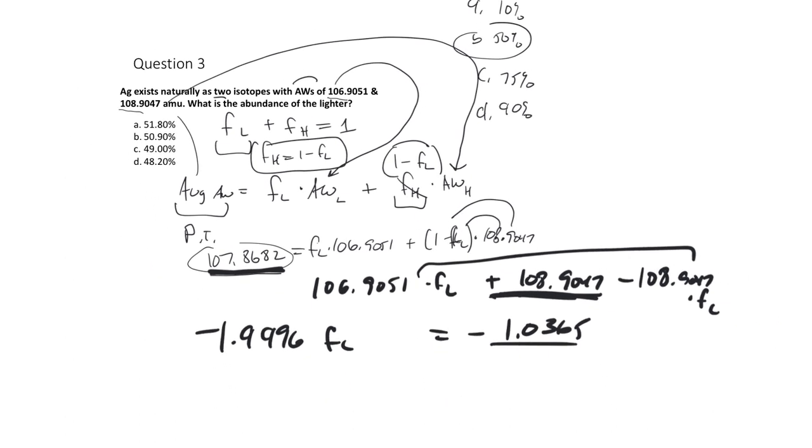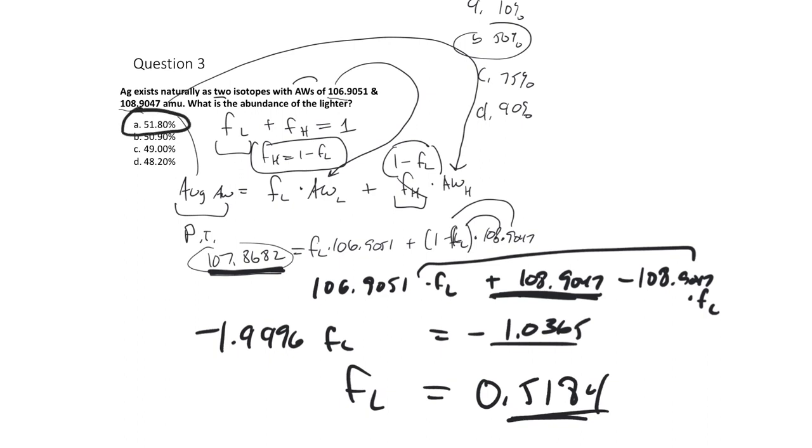Everything's in amu, so the fraction of the lighter: negative 1.0365 divided by negative 1.9996 gives me, as a fraction, 0.5184, and so it's 51.8% in that lighter isotope. And the remainder would be the fraction of the heavier isotope, so 48.2% the heavier isotope.